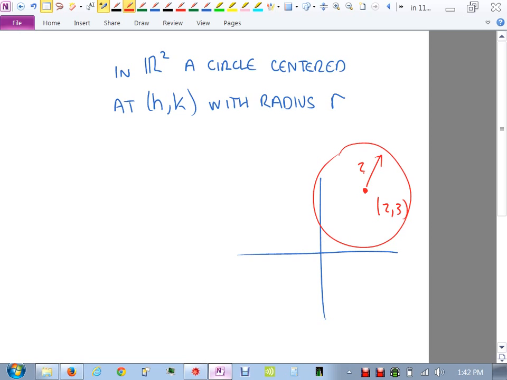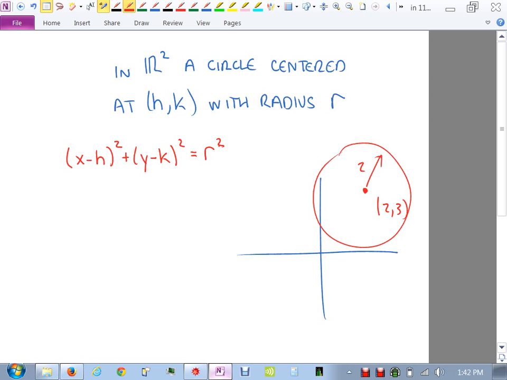Good. So it's in there in the cracks maybe of the short-term memory, but here's the general formula: x minus h squared plus y minus k squared equals r squared. That would be the equation of that circle.